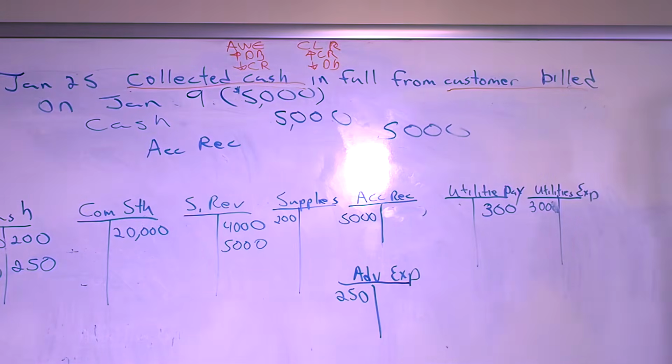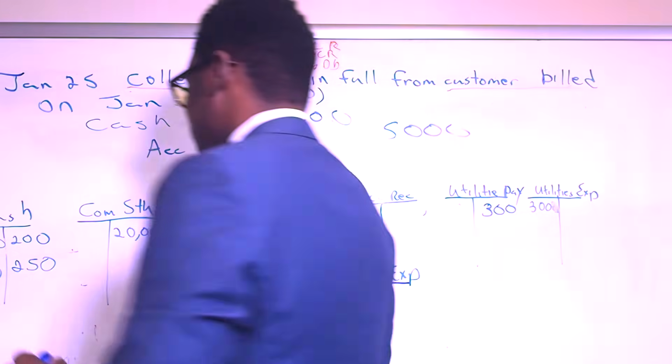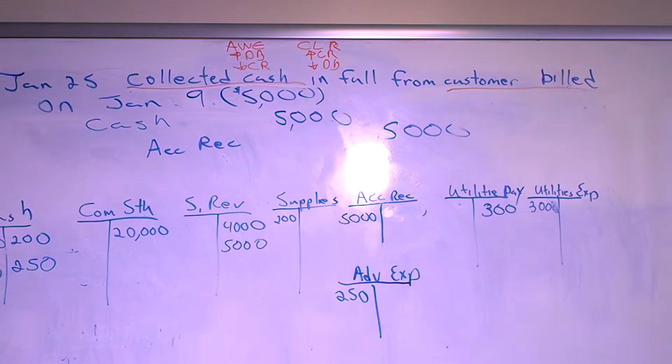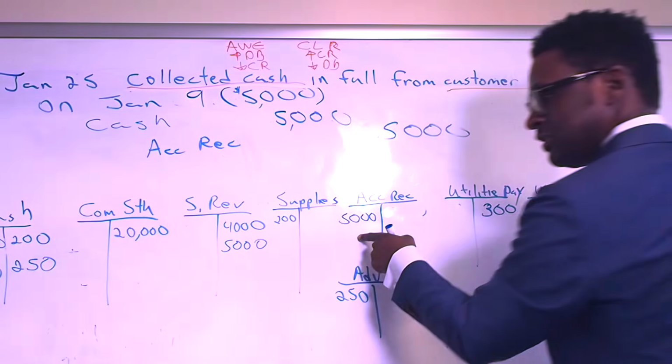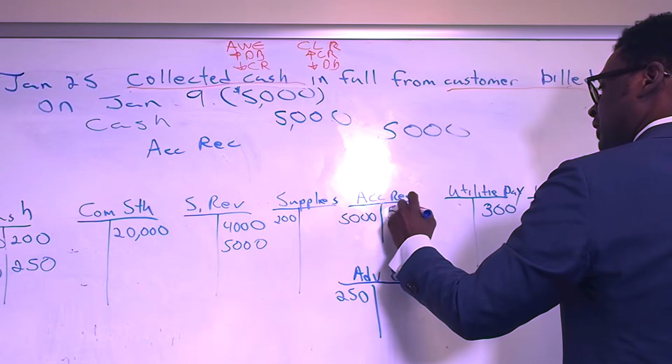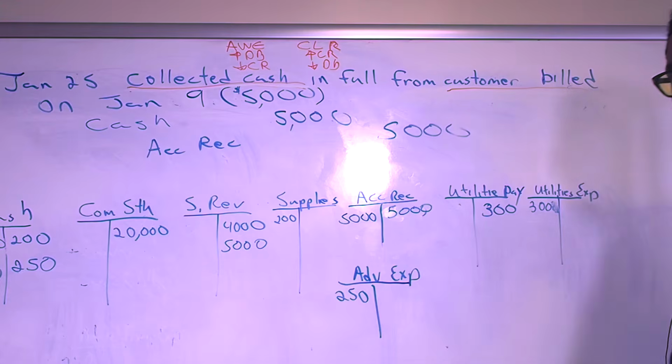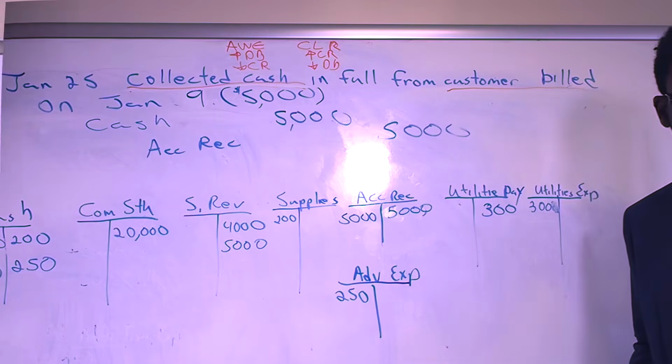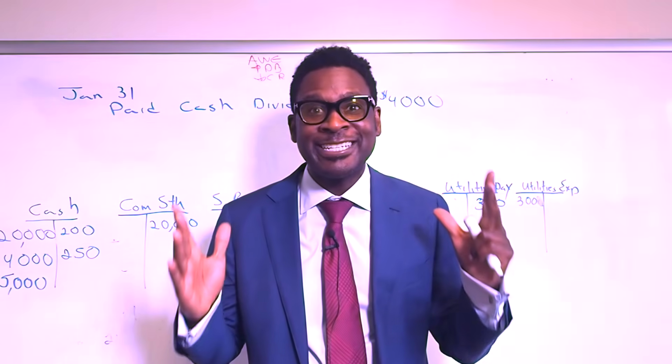And when it's time to post, we go into our ledger and we make sure to debit the $5,000 on the debit side for cash. And then we find our accounts receivable T account, and we're gonna credit now $5,000. Easy breezy, gang.